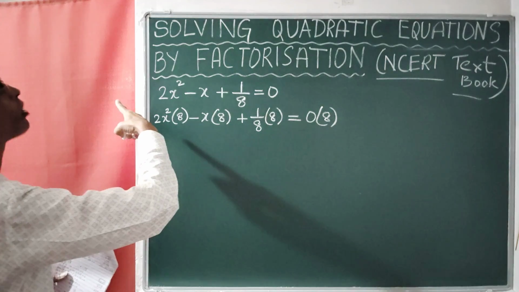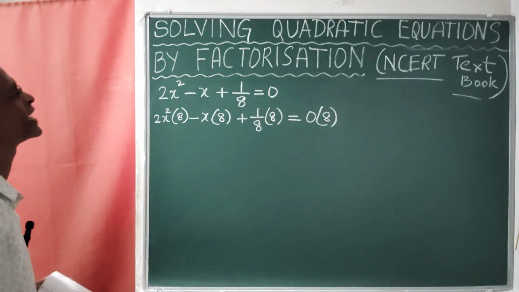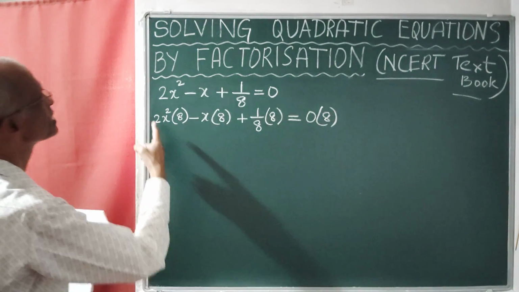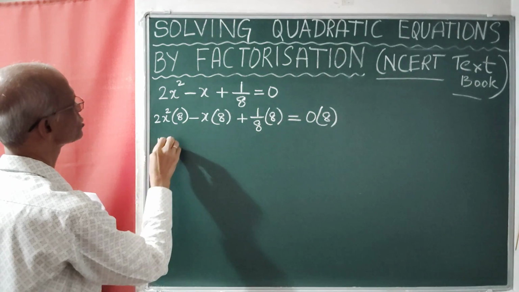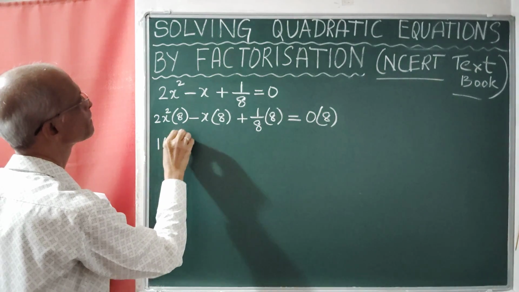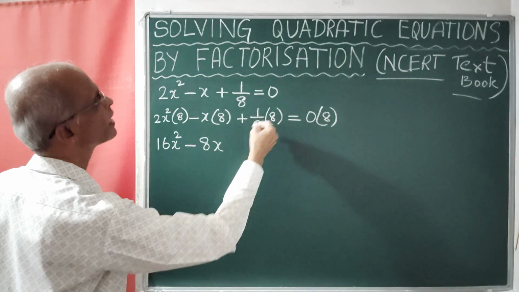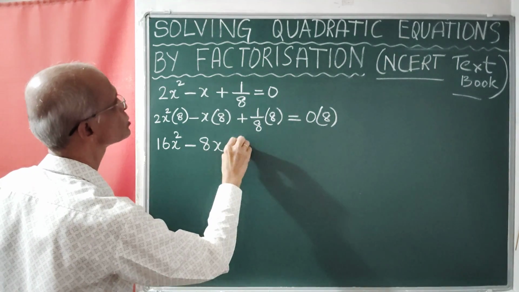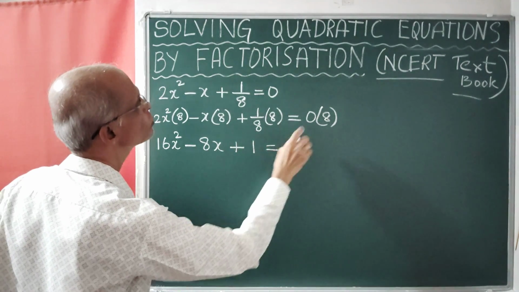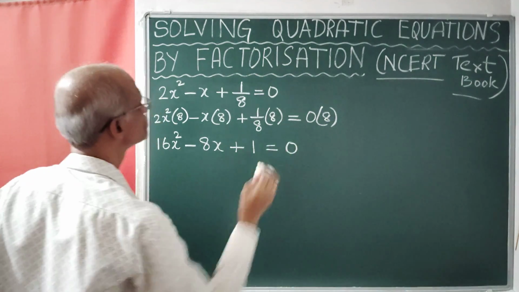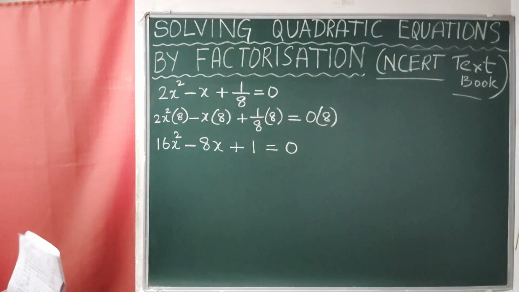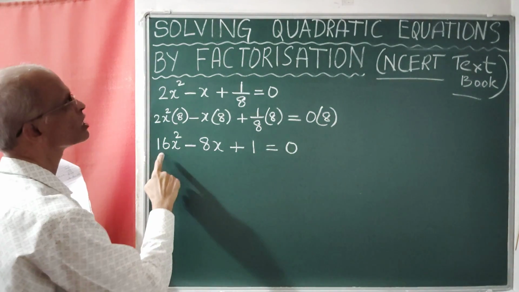I have multiplied all the terms of the equation with 8. So in this case, I will get 16x square minus 8x, plus 1 equal to 0, because the 8s get cancelled. Now we have to multiply the first term and the last term.